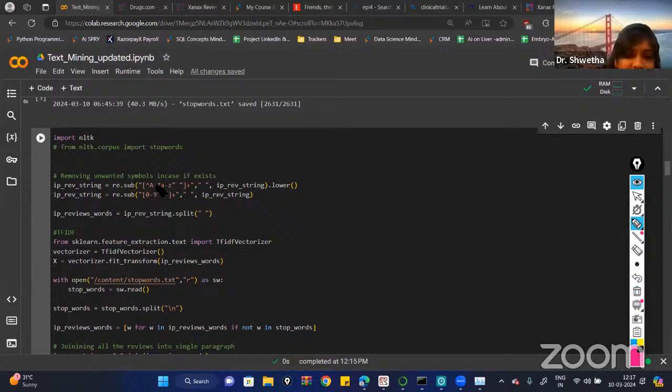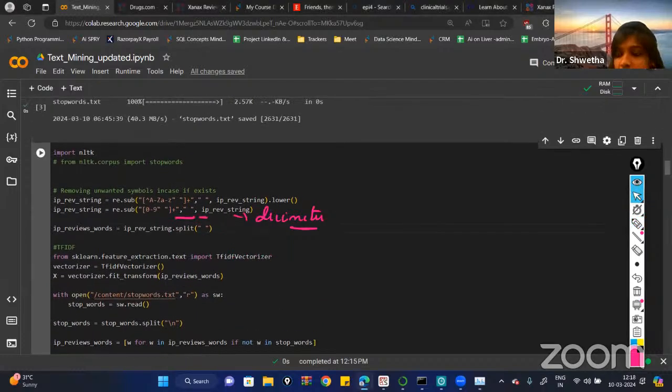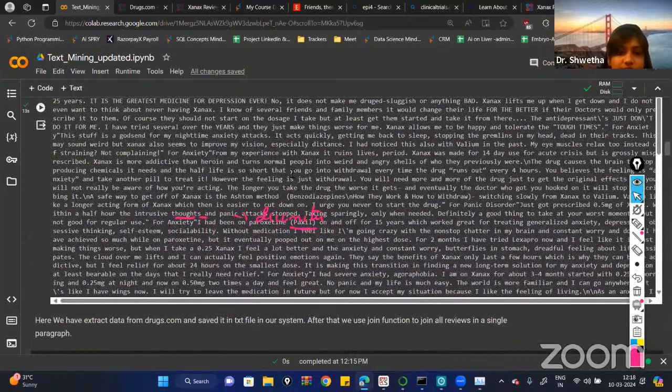After that, we are splitting the data whenever there is a space delimiter. So in this review data, anything other than alphabets will be replaced with space, and anything which is numbers will also be replaced with space.